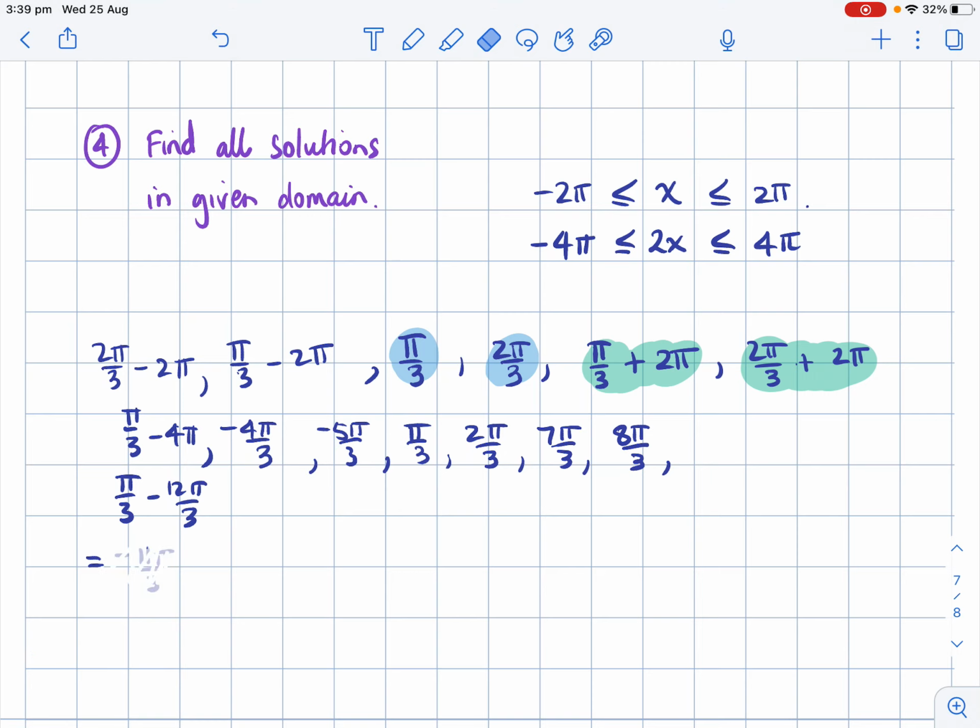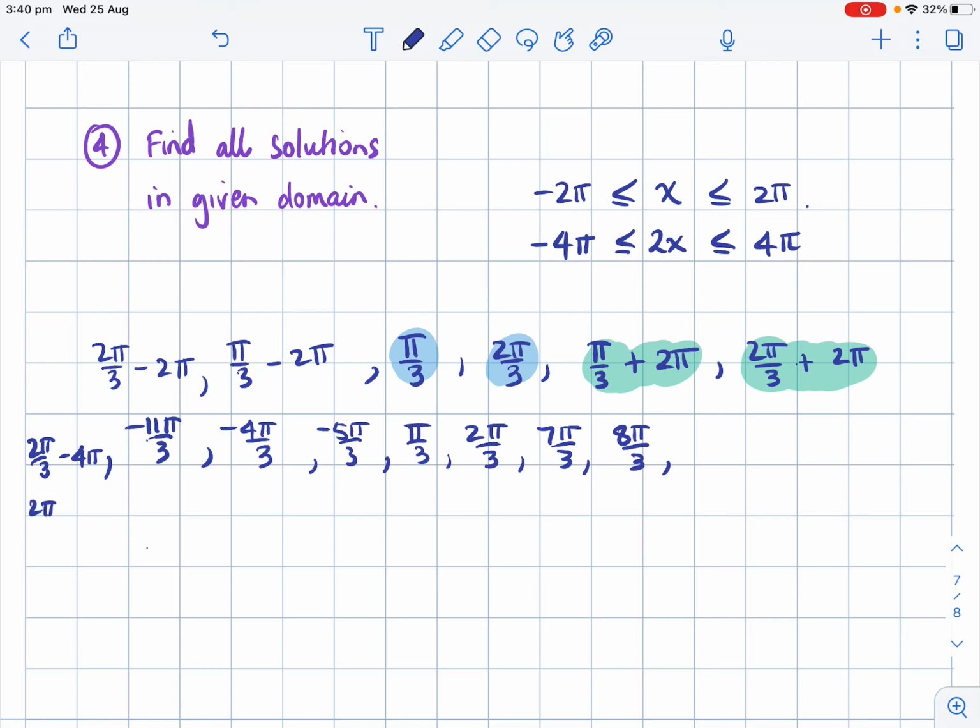Rub that out, just because I've got a bit too much going on. So this answer was actually minus 11 pi on 3. Let's try again for my other one. What if I had 2 pi on 3, take away 4 pi?